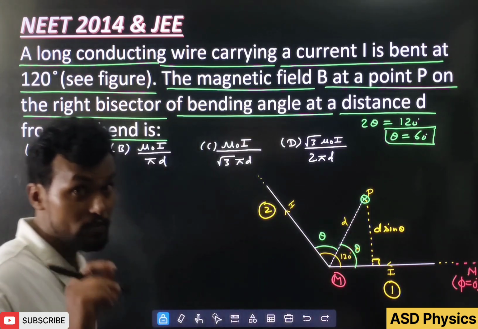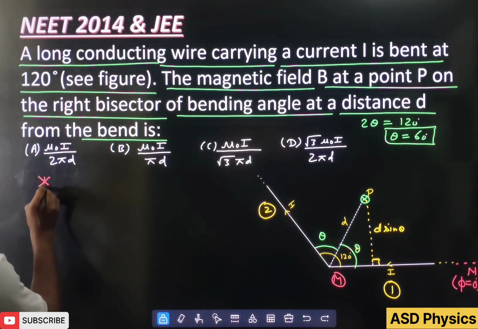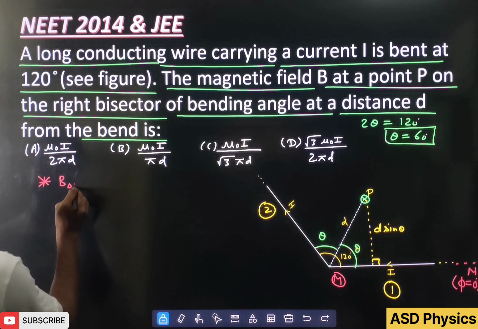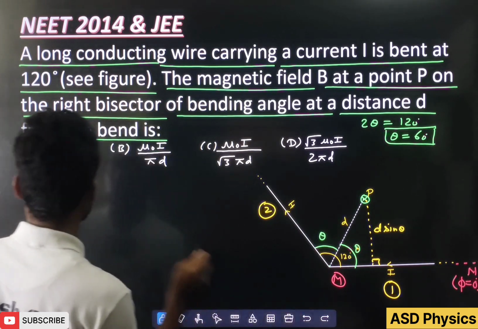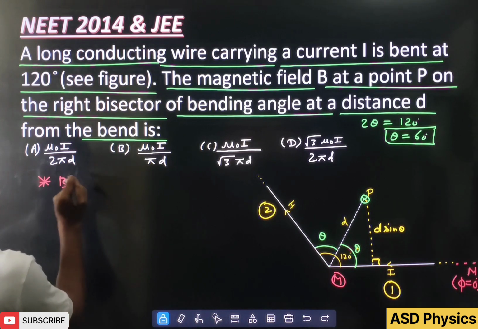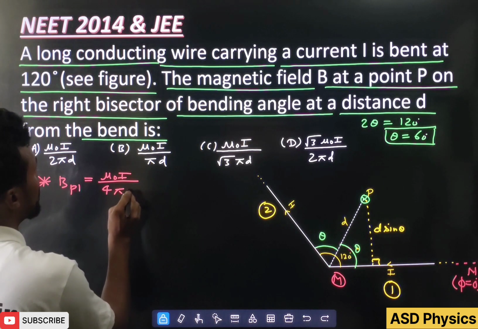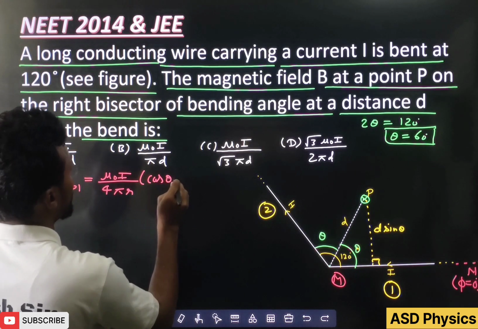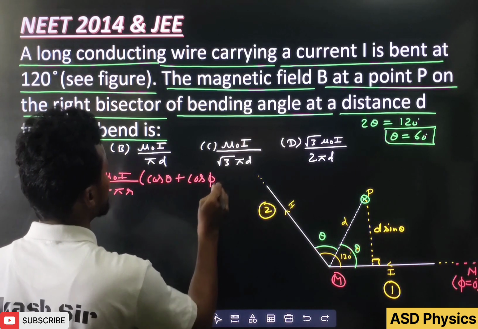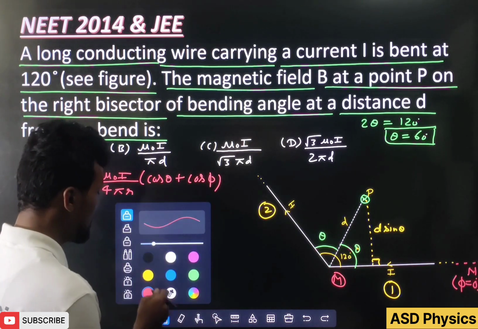For section 1, we are going to calculate the magnetic field. So BP1. What is the formula? Again I'm writing: mu naught I by 4 pi r, into cos theta plus cos phi, where the angles are at the end points.